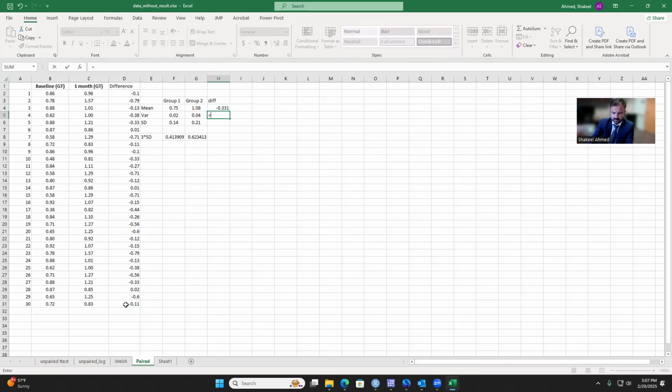Here we can find the standard deviation and variance. That is, we are finding the sample variance for the group, and then close. And similarly, you can find the standard deviation, that is the square root of the variance. You can find the formula of standard deviation directly.